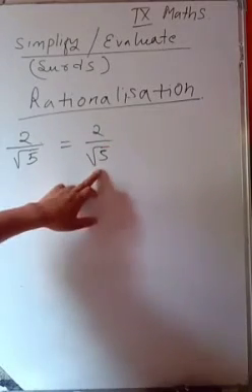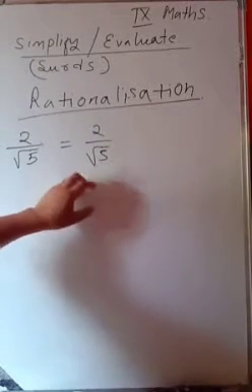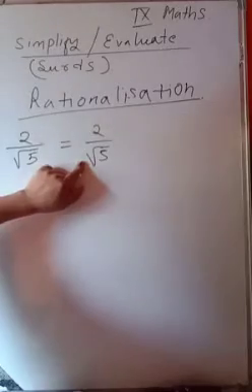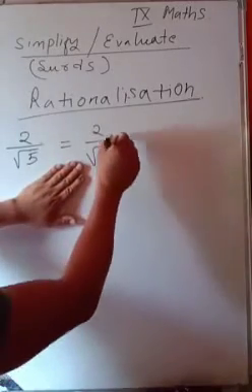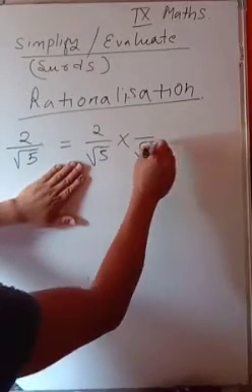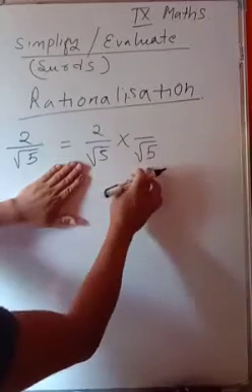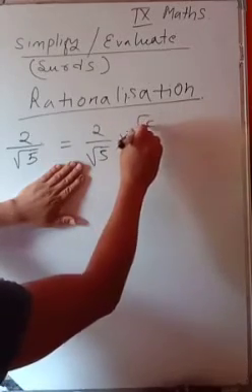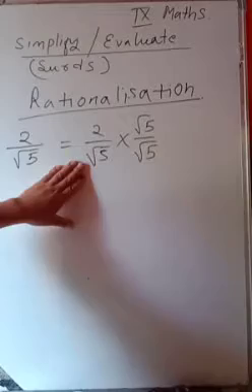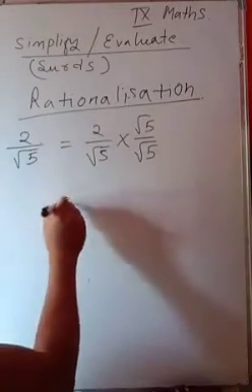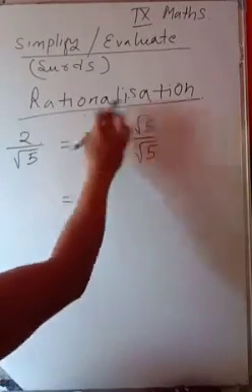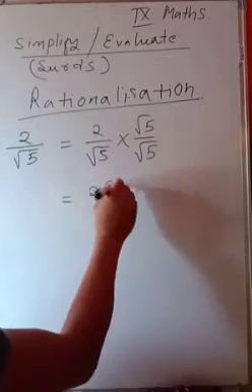So you have to multiply by the same number, root 5, in the denominator and also in the numerator. This gives a numerator 2 into root 5. This becomes 2 root 5.